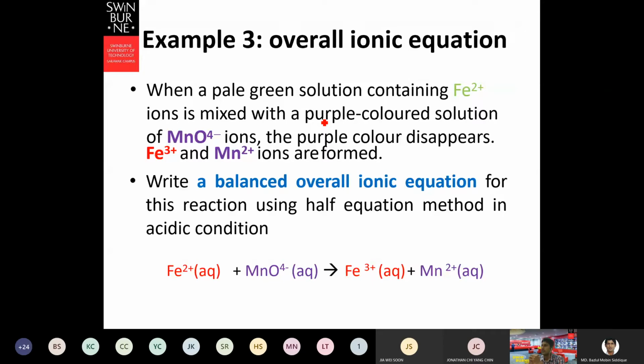Okay, when it is pale green and it is mixed with manganese tetroxide, manganese... Hold on, is there a problem?